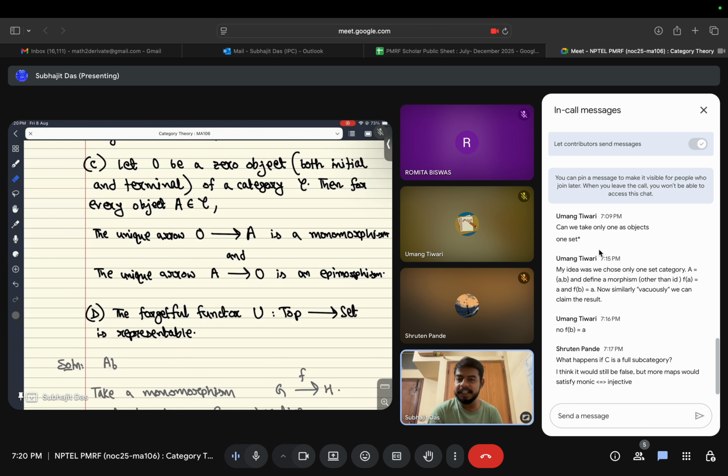For now, an object is a zero object if it is both initial and terminal. Such a category with a zero object is called a pointed category.